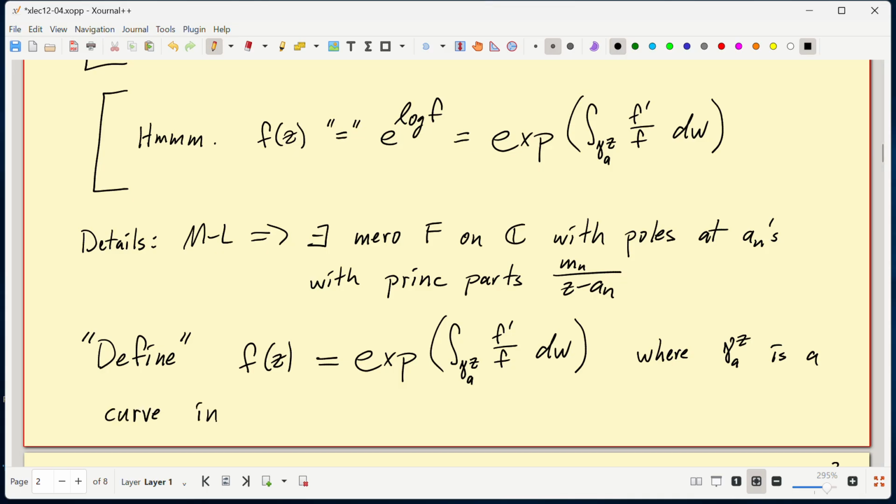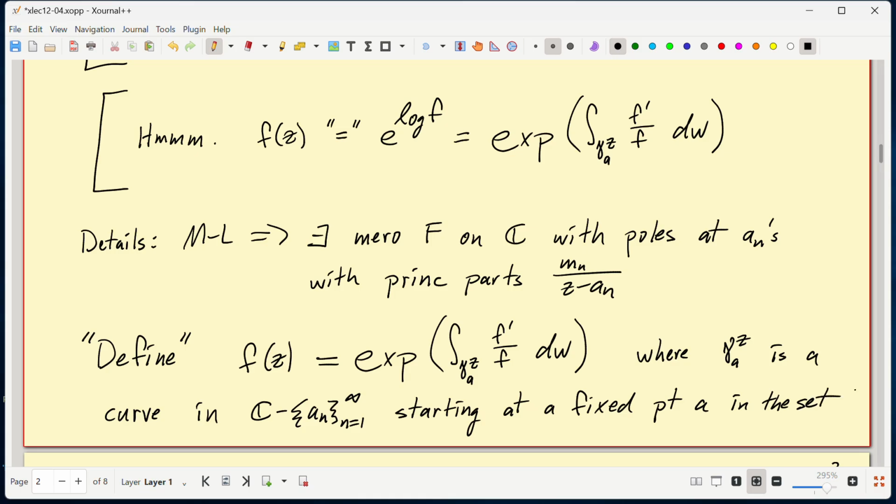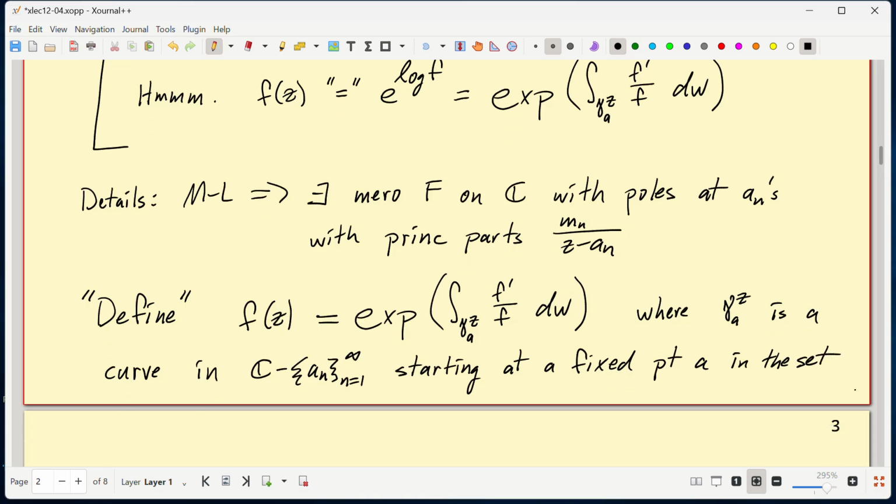It shouldn't go over any of the an, so it's going to be a curve in C minus the an, starting at a fixed point A that's also in that set, a fixed point which is fixed for all time now, and ending at z.